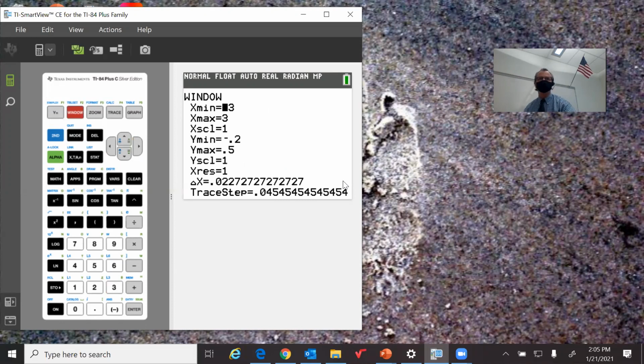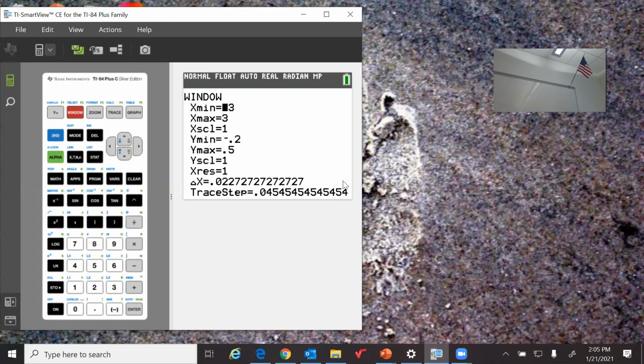There it is. So if you don't have that window under Zoom, memory, recall, then type it in your window right now and push Zoom, memory, store. There is no reason for you to touch this window. You want to play with it during the summer? Go to town. You need this window if you're going to draw the curve for the tests.